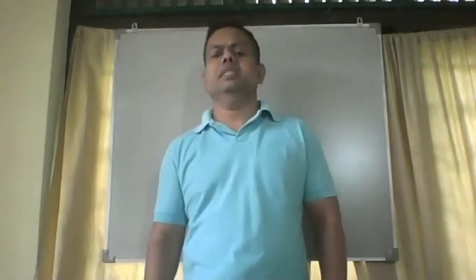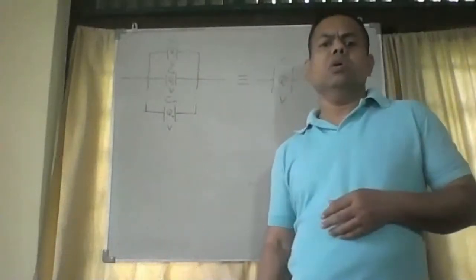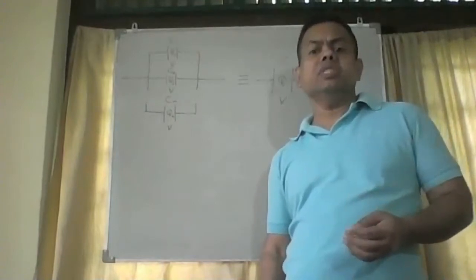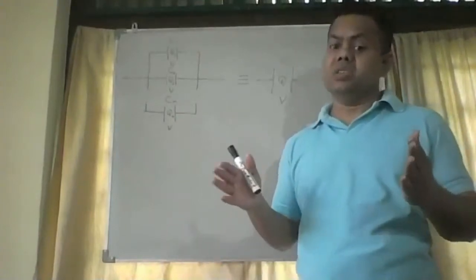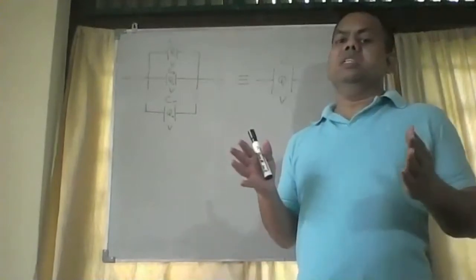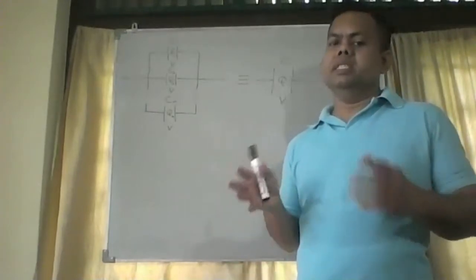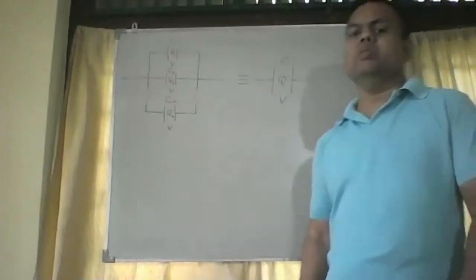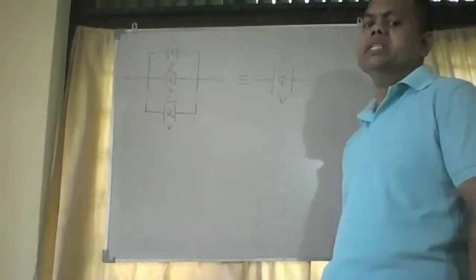Parallel combination. When connected in parallel, all the capacitors have the same potential difference across them, and the amount of charge of the combination is the sum of the amount of charge in each.